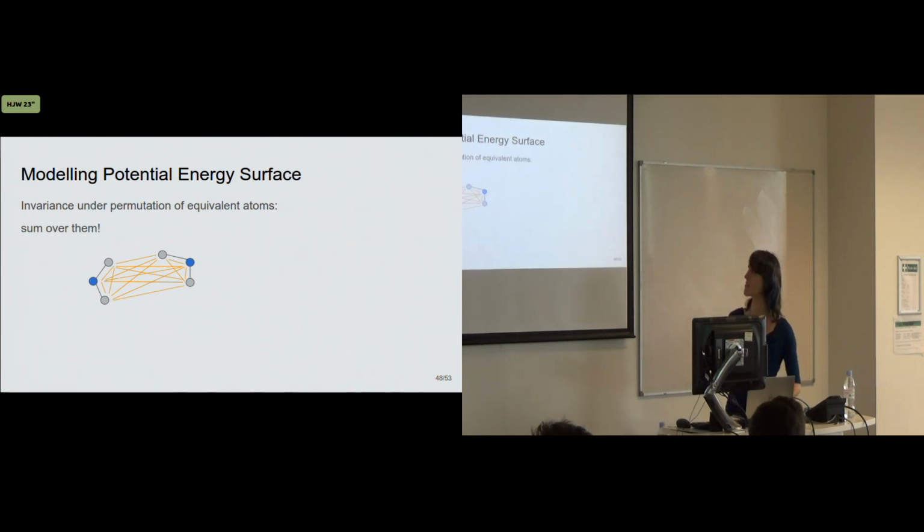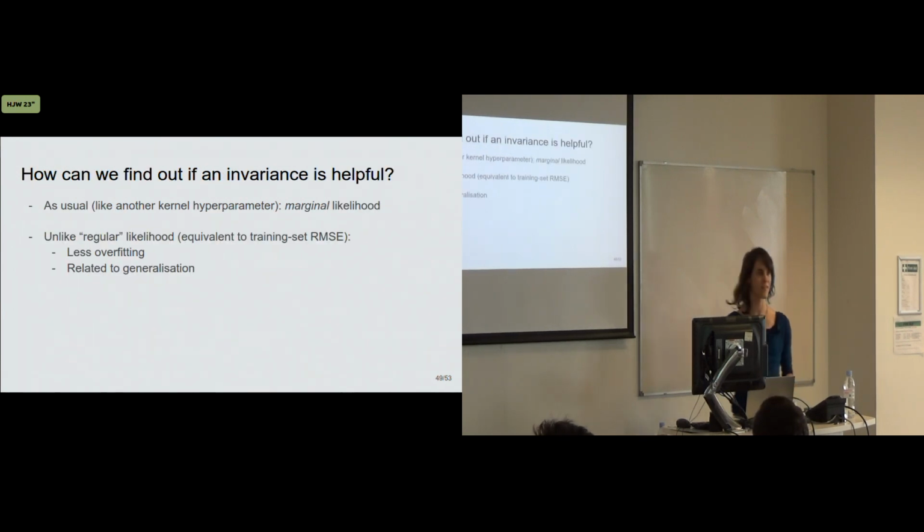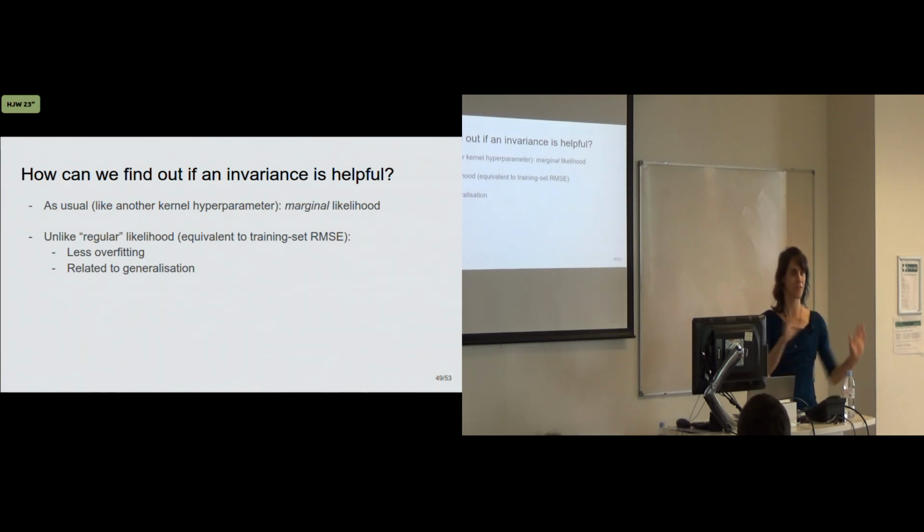I'll quickly press on for the last point, which is, in that case, we knew we have these physical invariances, they need to be in the system. That may not always be the case. So how can we figure out whether an invariance is useful in modeling a data set or not?